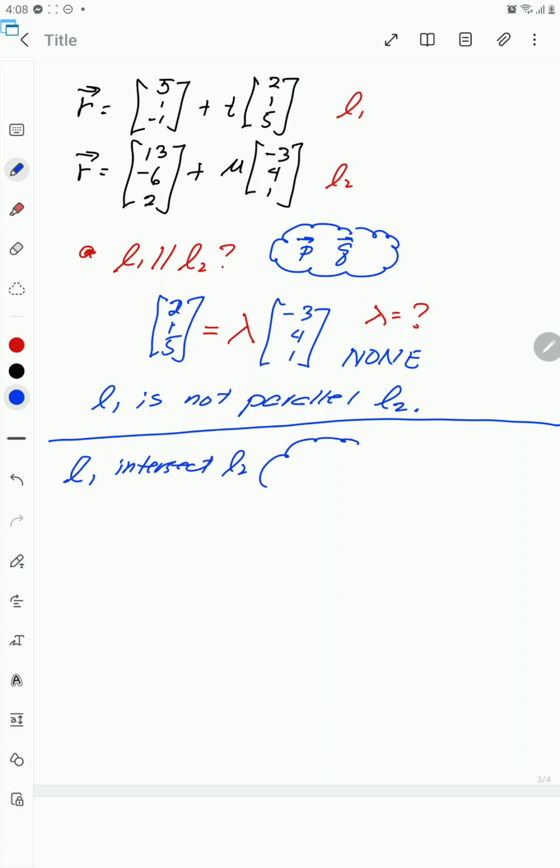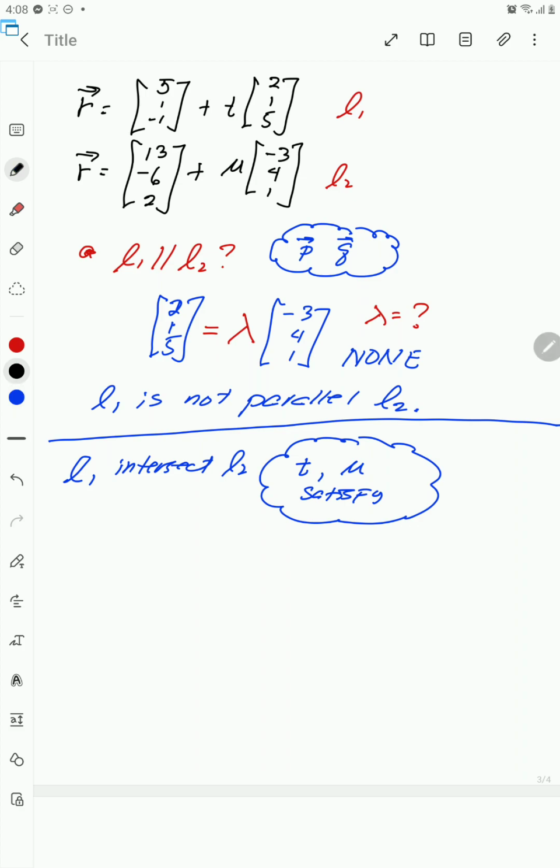In your brain, you need to show whether there is a t or a mu that will satisfy both lines. If there is, they will intersect. If there is none, they will not.